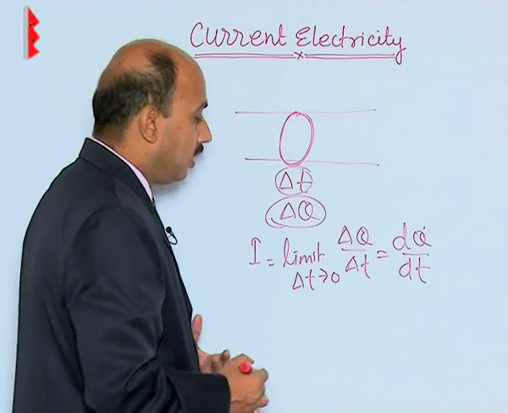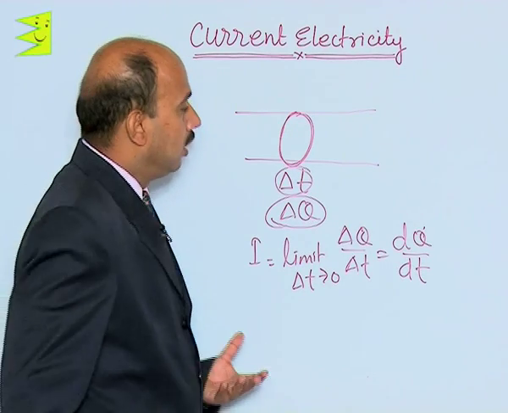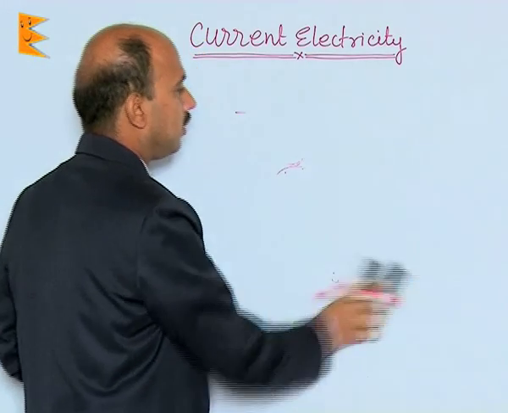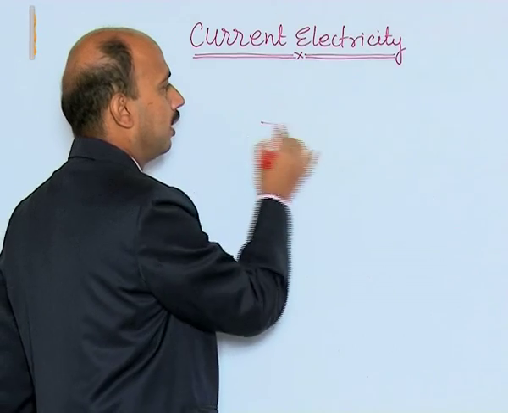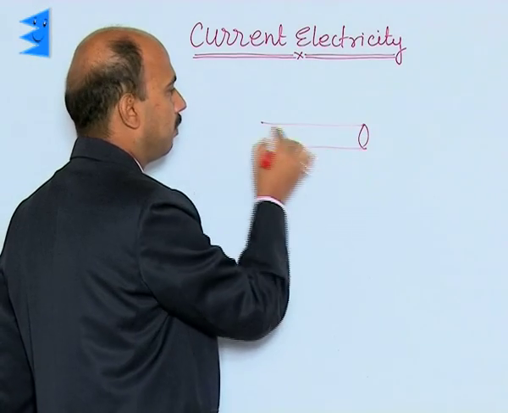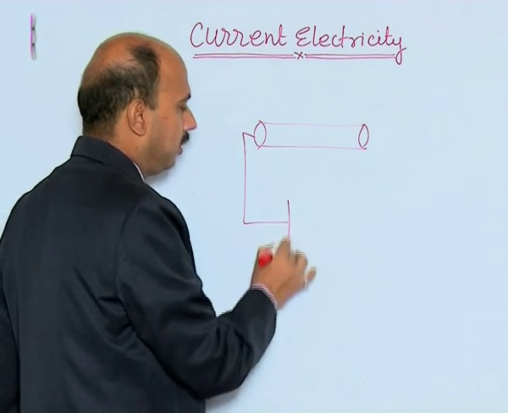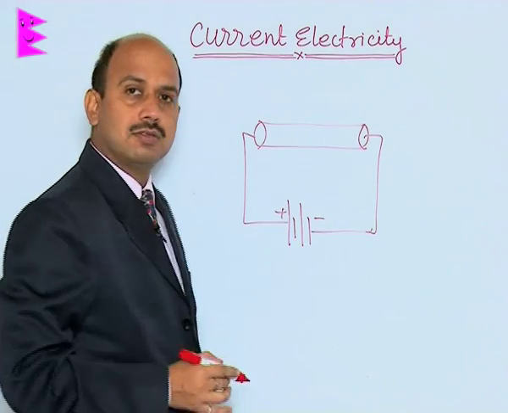Now we can understand the direction of the current in the circuit. See here, suppose I have taken a conductor, a part of a conductor, which is connected to a battery or cell, this end is plus and this is minus.